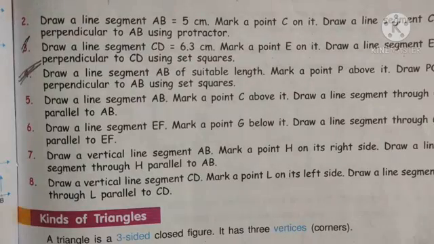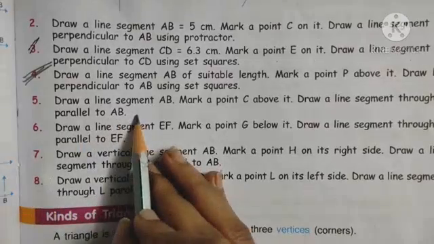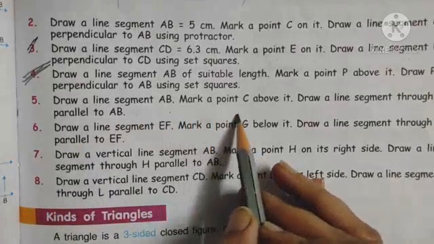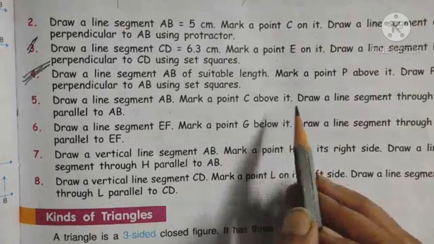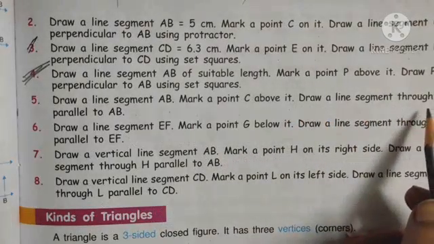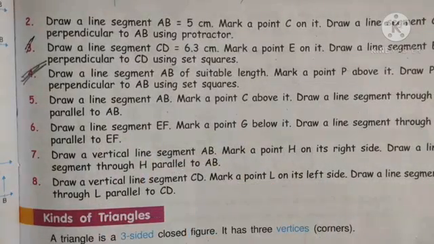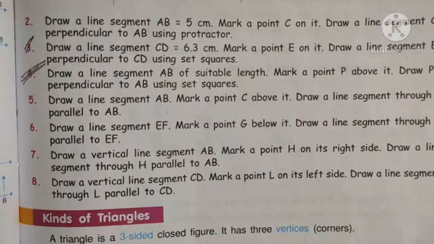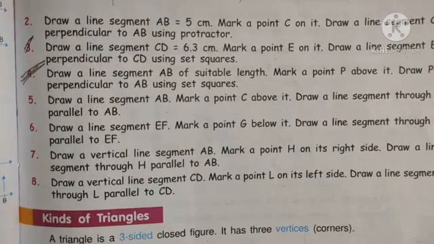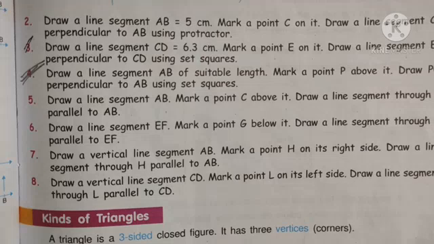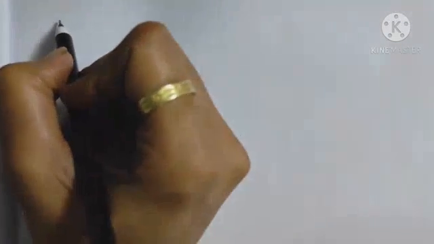Now number 5, draw a line segment AB, mark a point C above it, and draw a line segment through C parallel to AB. Here in this question, you have to draw a line segment, then we have to mark a point C above it, and we have to draw a line segment through C parallel to AB. Number 5.